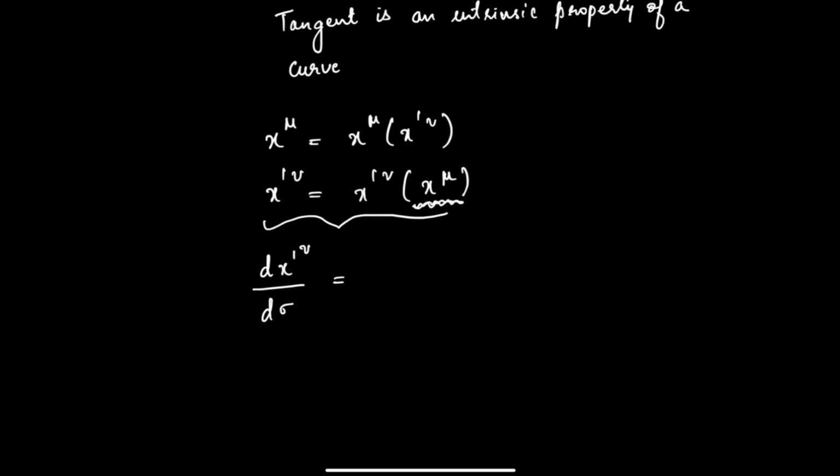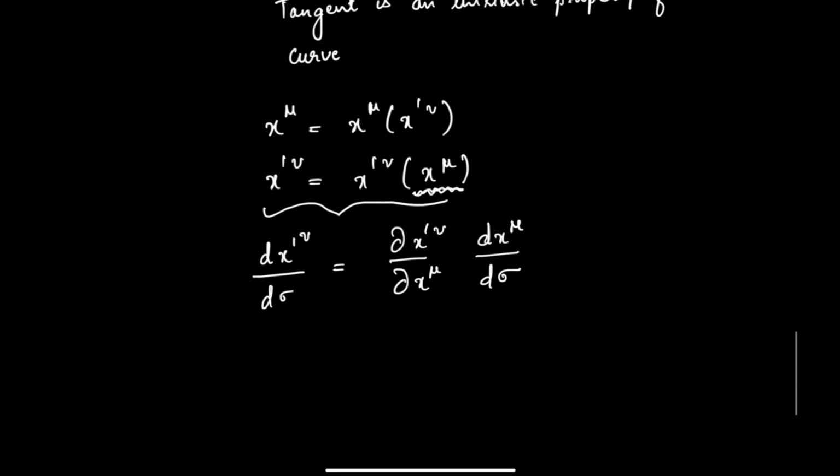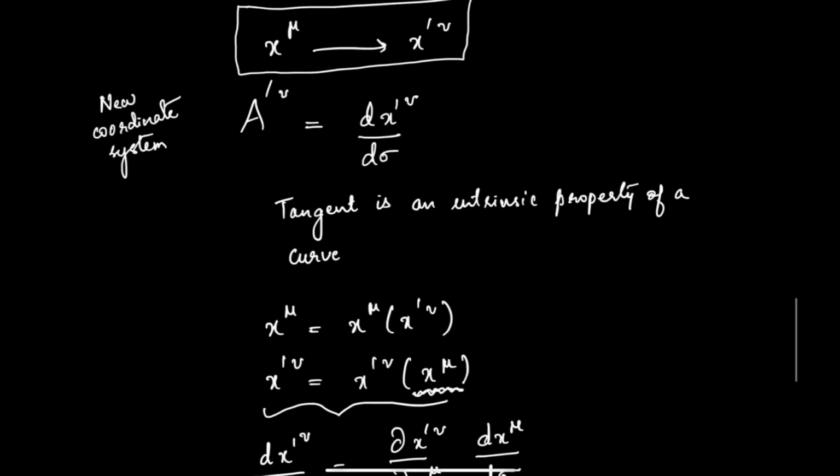So here I have to take the partial derivative of x prime nu with respect to x mu. Then again I have to differentiate x mu, so dx mu by d sigma. Now on the left hand side, you can see it is dx prime nu by d sigma that we have already defined here as the tangent in the transformed coordinate system, right?